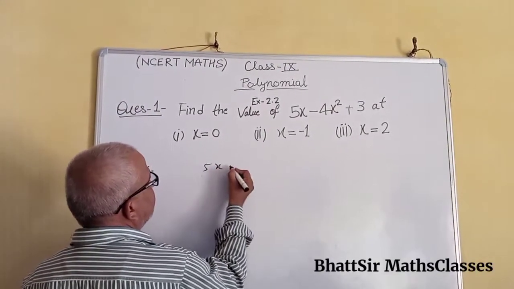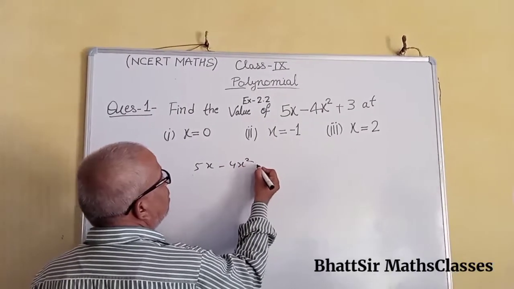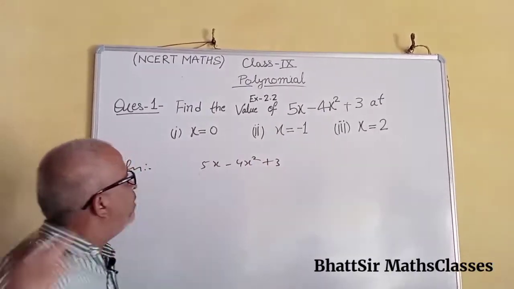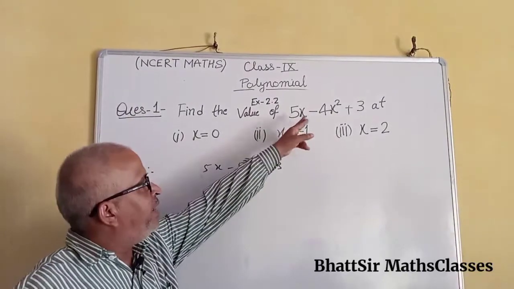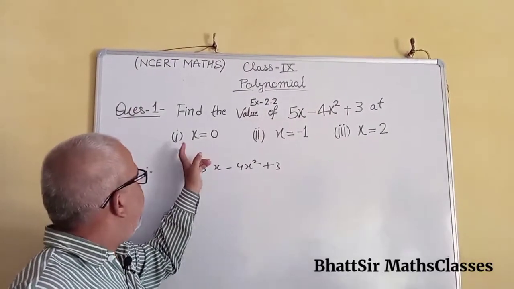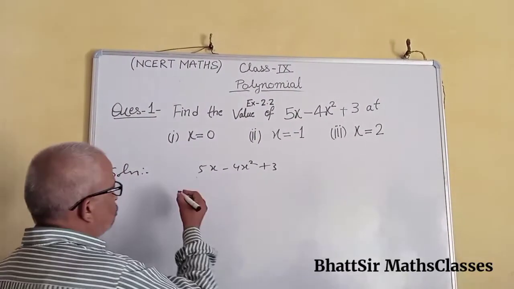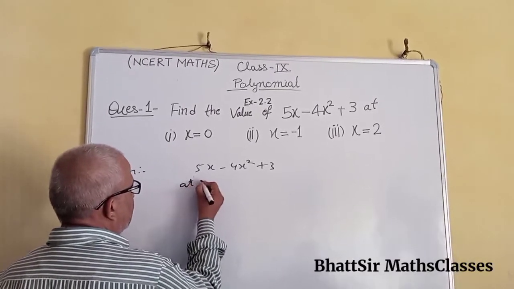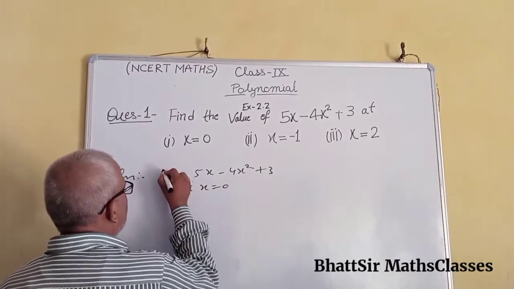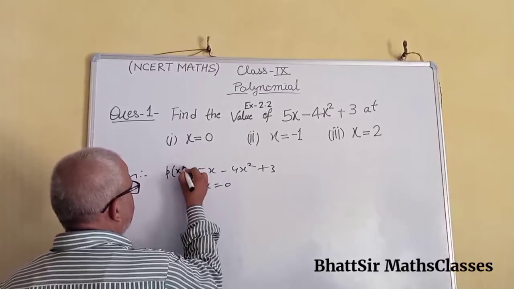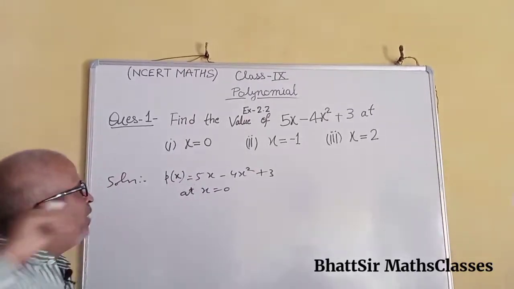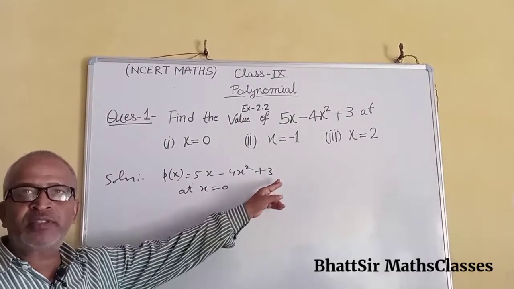Five x minus 4x square plus 3. In this question, we have to find the value of 5x minus 4x square plus 3 at x equal to 0. First of all, we write P(x) equal to 5x minus 4x square plus 3.